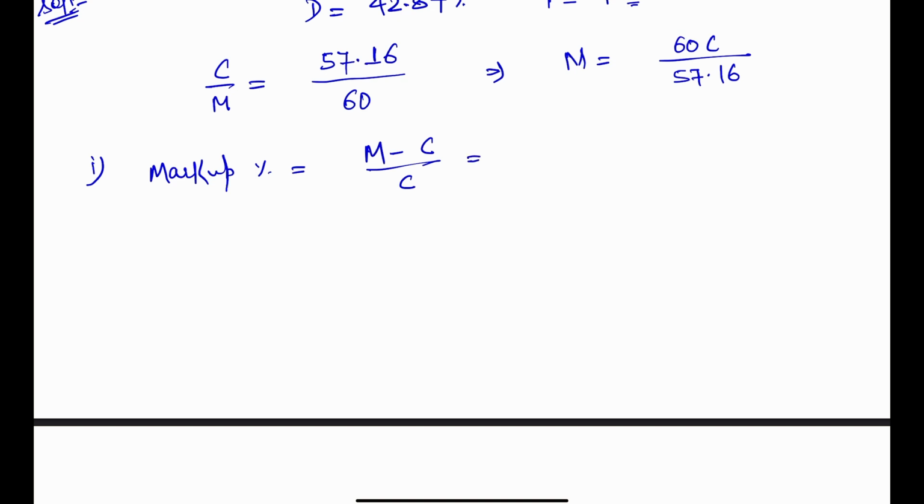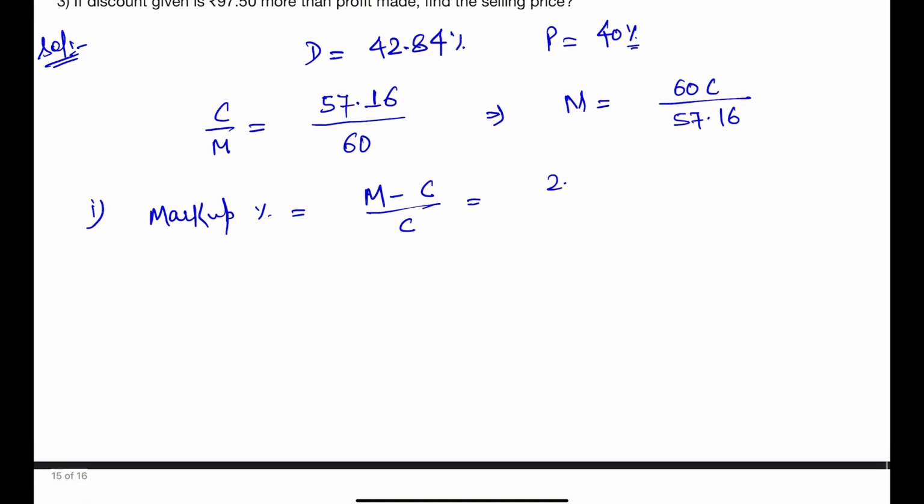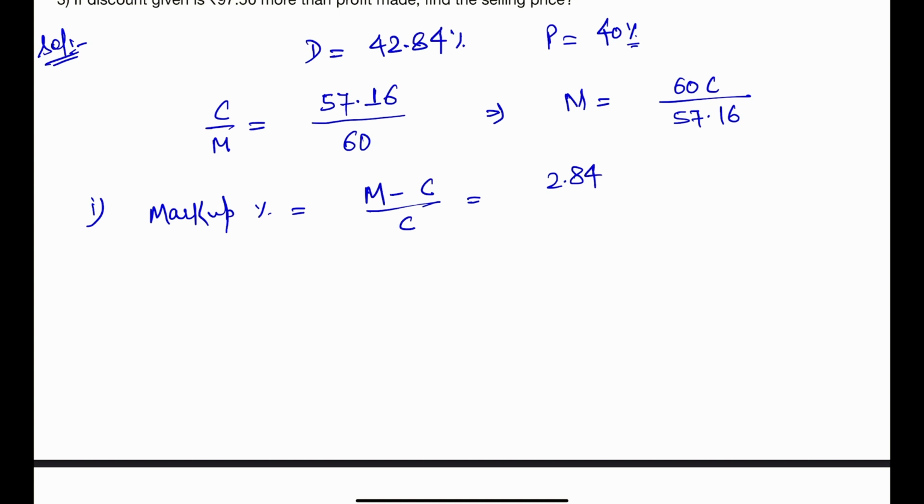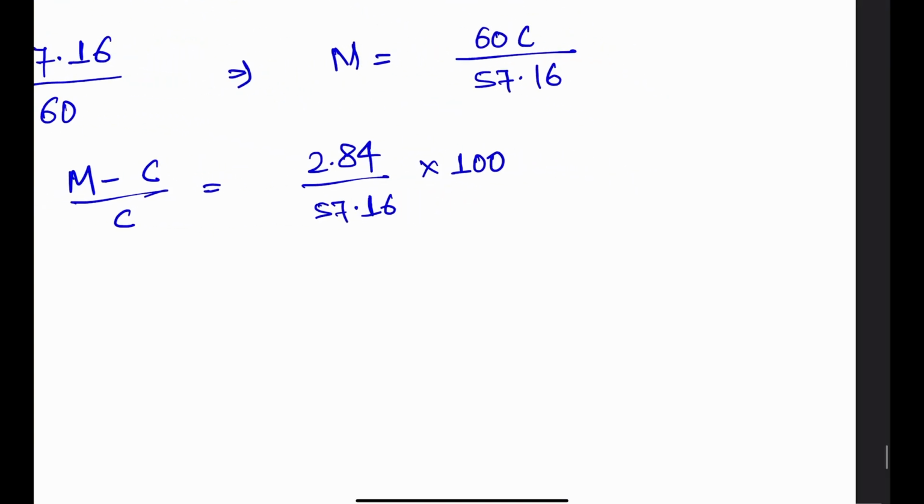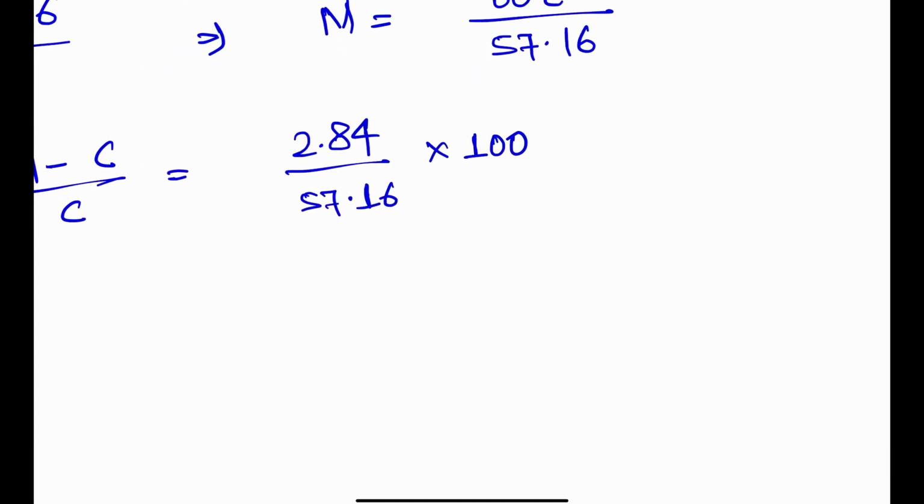So if I keep it here, it will become this minus this is c, so 57.16 will be removed, which will come to 2.84 upon 57.16 into 100. So we need to find some approximate value for this question.